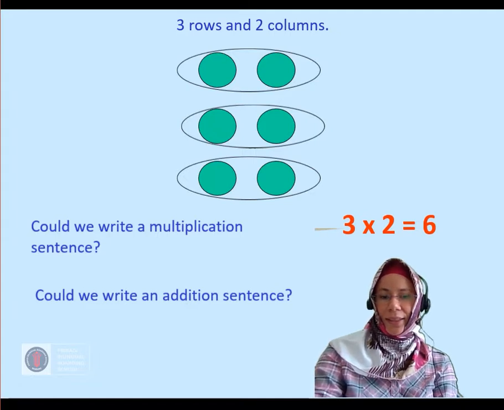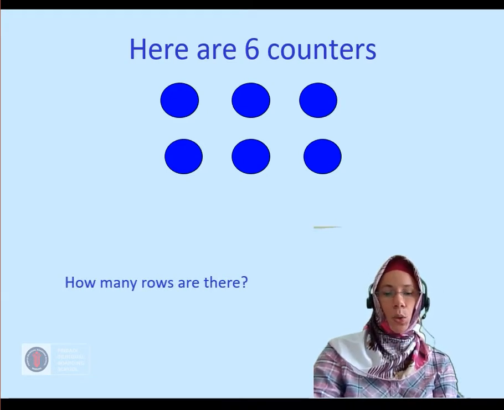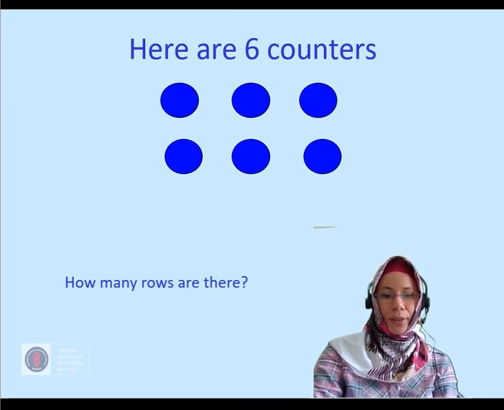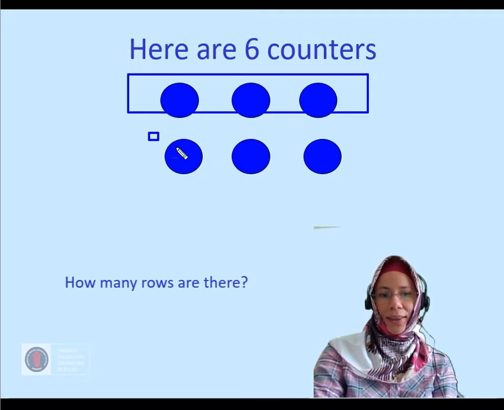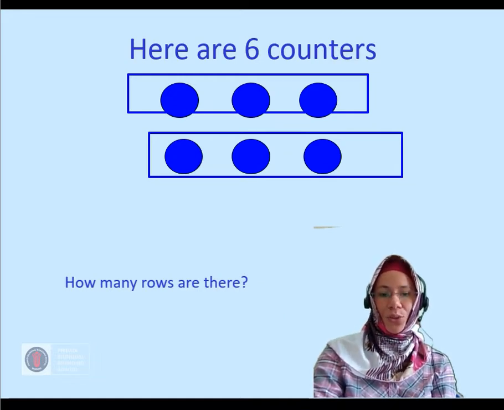And here are 6 counters again. So how many rows are there? Let's do it together. So we have rows left to right. 1, 2. So we have 2 rows.